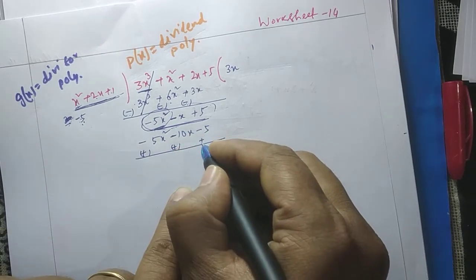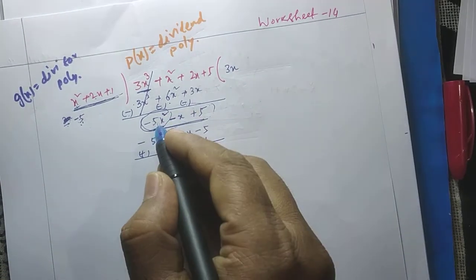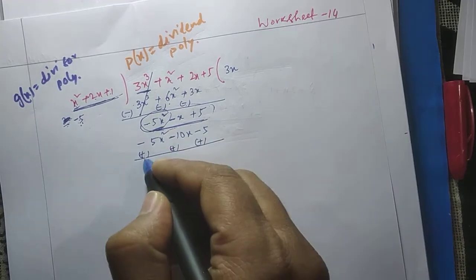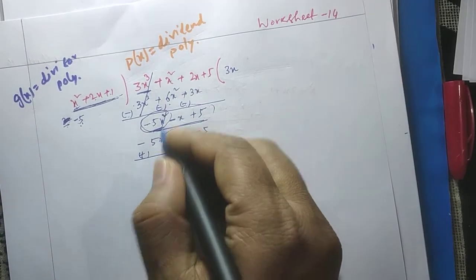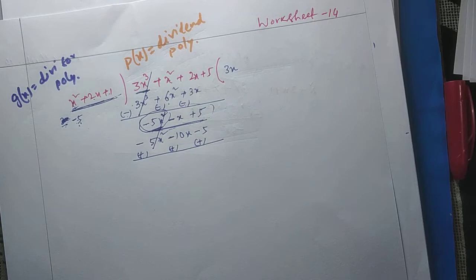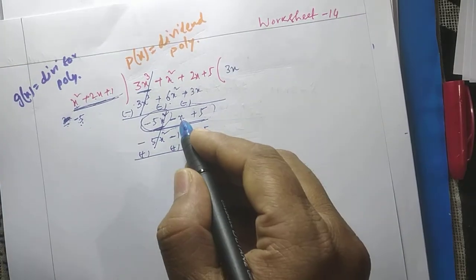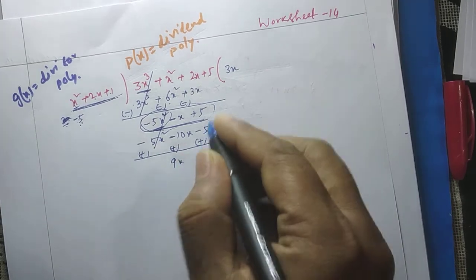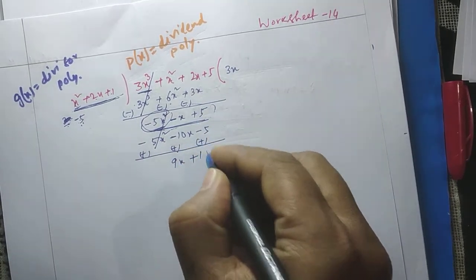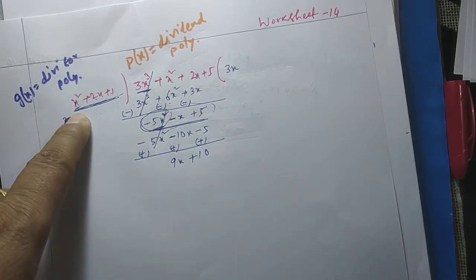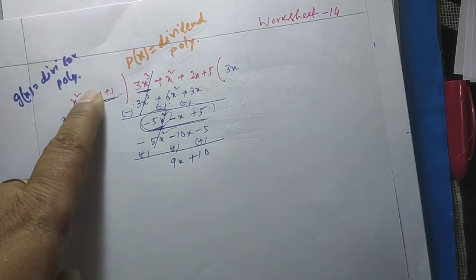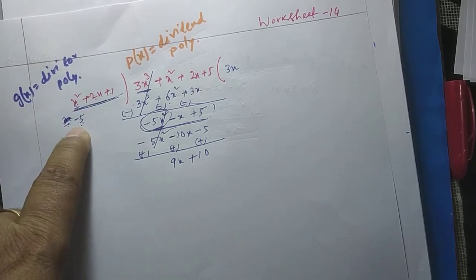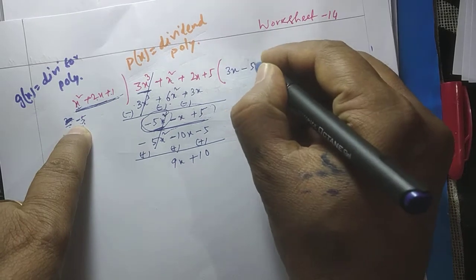The minus symbol becomes plus. Now, look here. Minus 5x square plus 5x square will be cancelled. So, my target is done. Minus x plus 10x will be 9x, plus 5 plus 5, that is 10. Since again here we have multiplied the divisor by minus 5, you have to put minus 5 in the quotient, right?